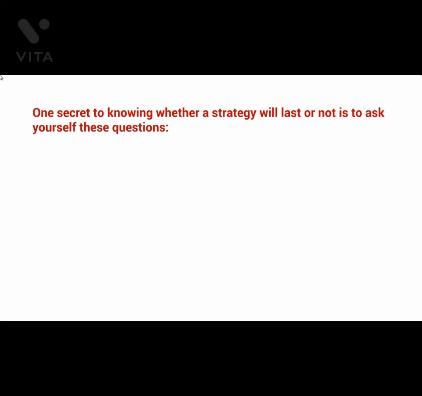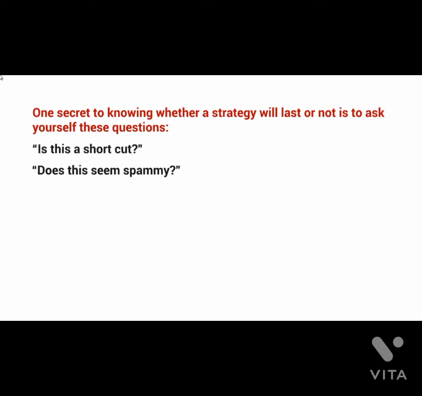Now, one secret to knowing whether a strategy will last or not is to ask yourself these questions. So this strategy, along with other strategies, you should ask this question over and over. Is this a shortcut? Does this seem spammy? And best of all, will this upset your visitors?